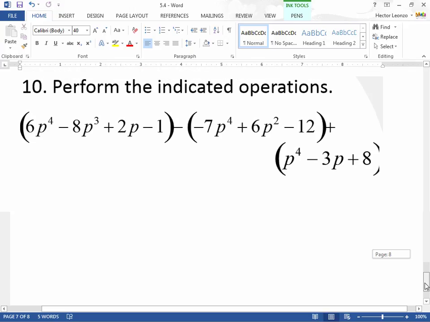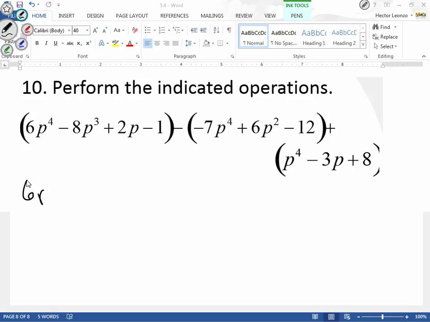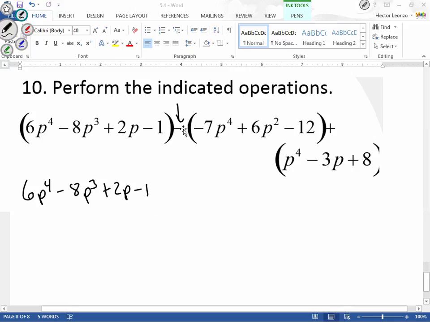Now, let's take a look at something long, looking at this one. So when we have the first polynomial, let me just write it as it is. 6p to the fourth minus 8p to the third plus 2p minus 1. Remember I said when we have a subtraction, I see a minus there. We have a subtraction, we're going to change the signs of the second polynomial.